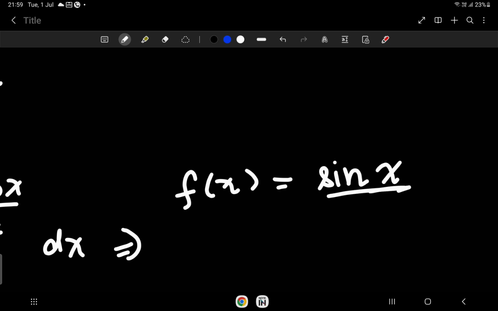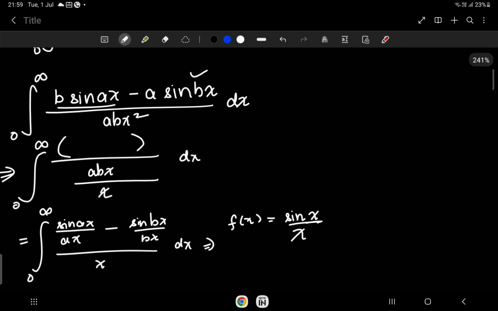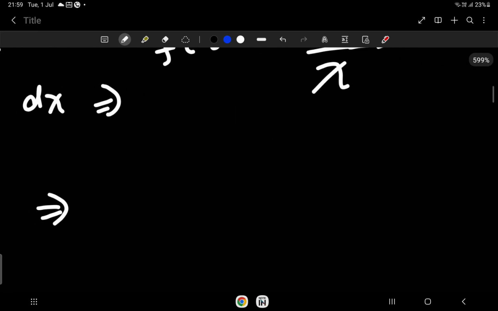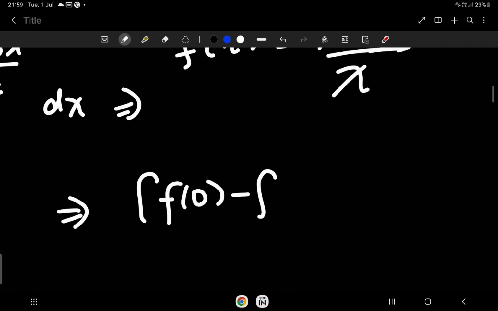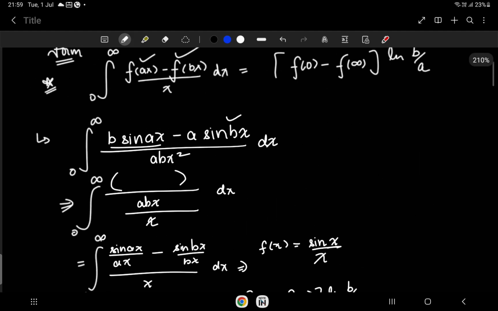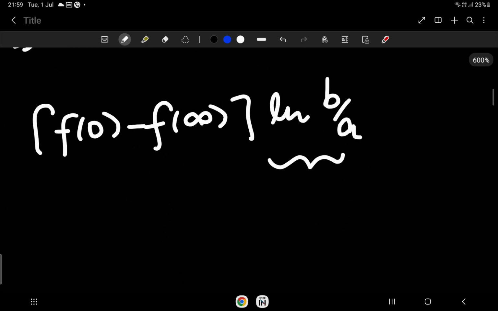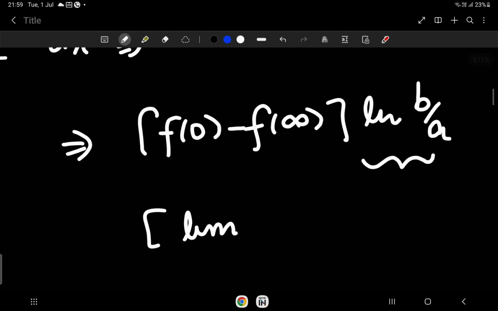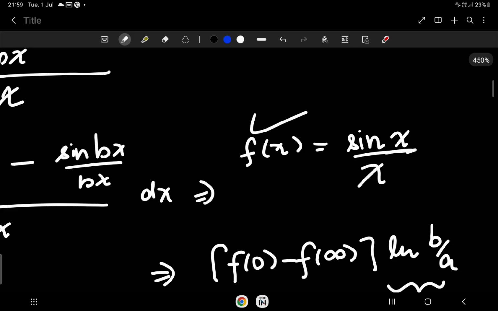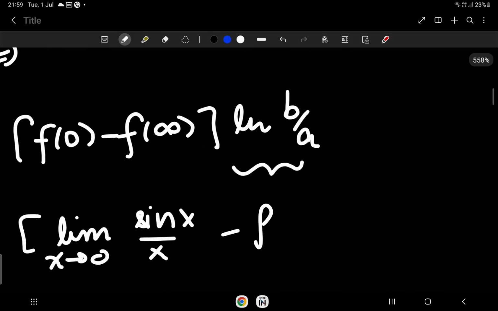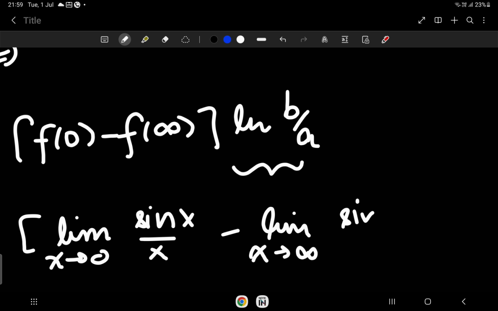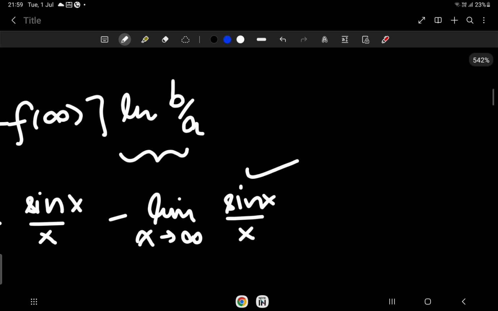So this integral turns out to be (f of 0 minus f of infinity) ln b by a, right? F of 0 means the limit as x tends to 0 of sine x by x, as f of x is not defined at 0, so we have to take the limit here. Similarly for infinity, the limit as x tends to infinity of sine x by x.